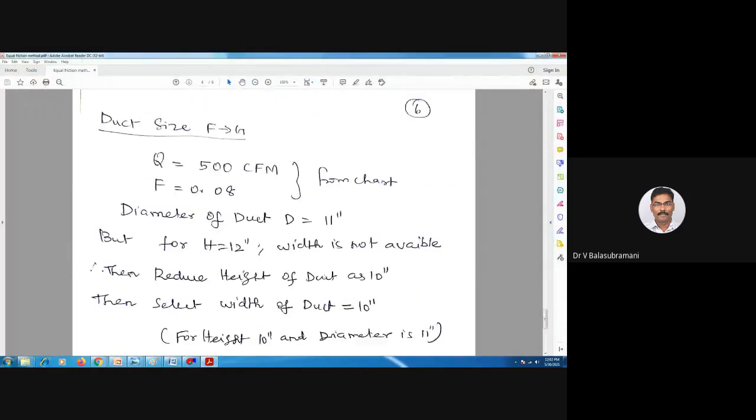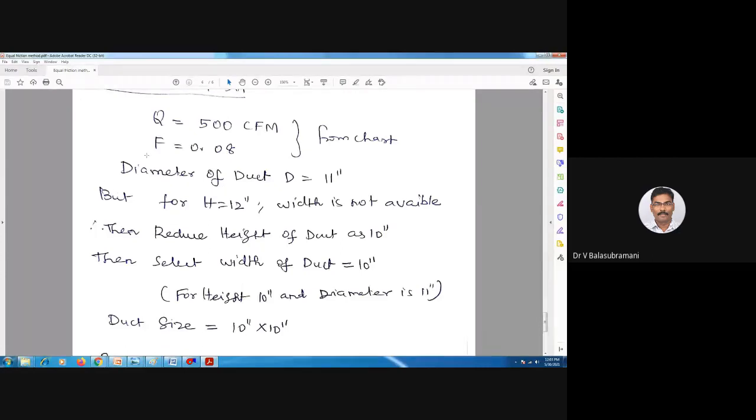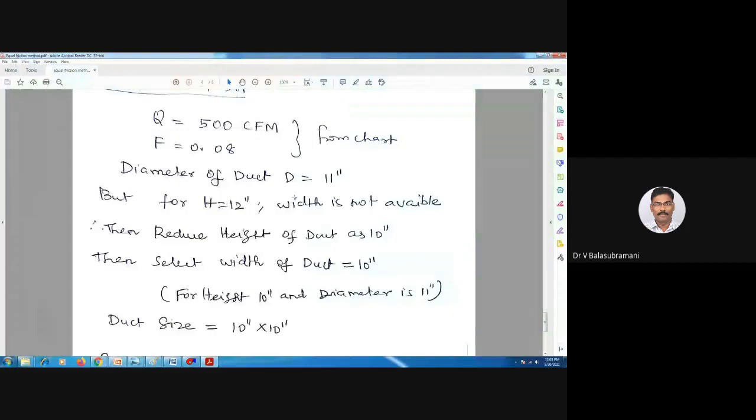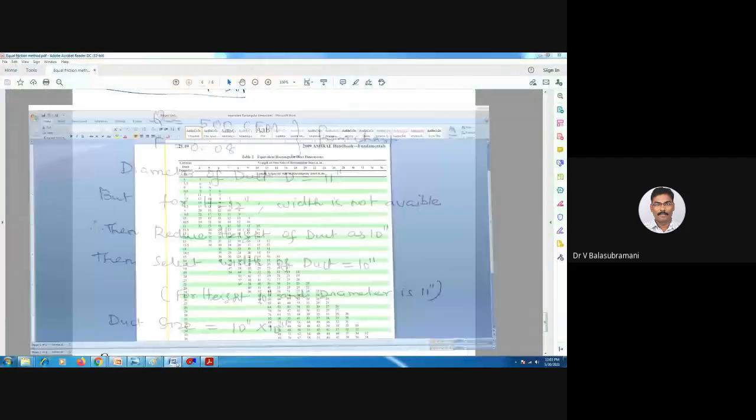And the last one, duct size F2G: Q is equal to 500 CFM and F is equal to 0.08 from the chart. So the diameter of the duct, for 500, exactly lies between 10 and 12. So it may be taken as 11. The diameter of the duct is equal to 11.